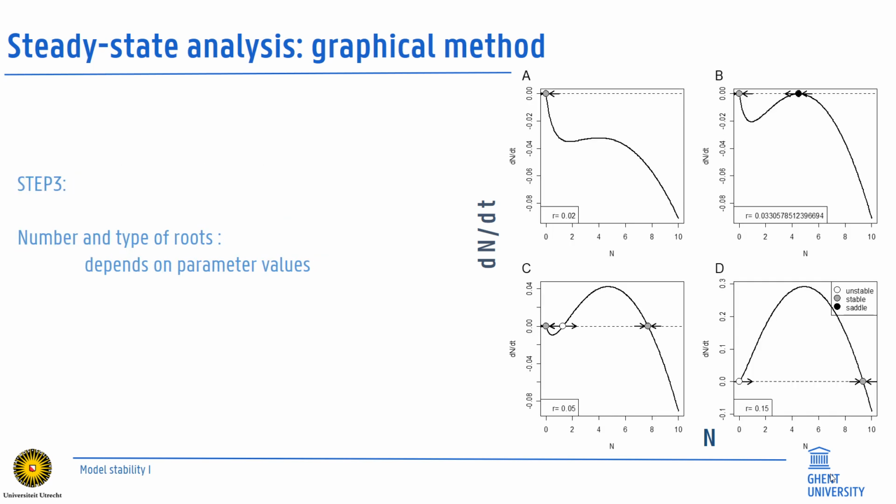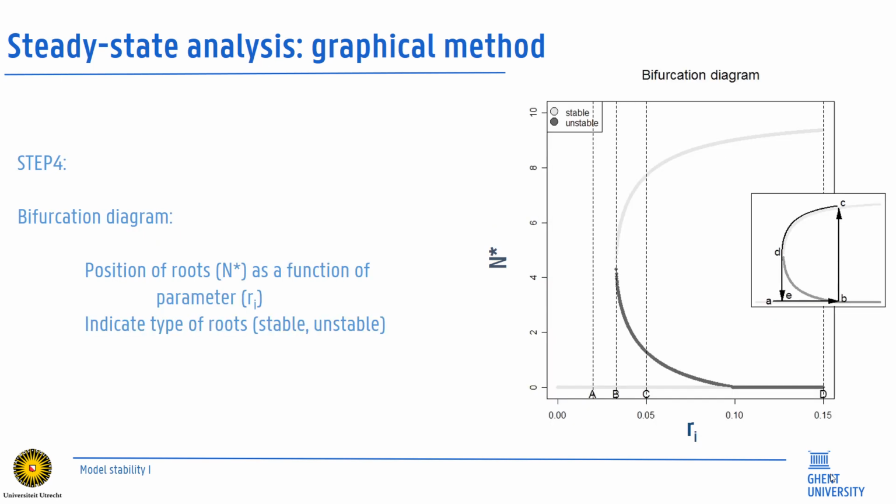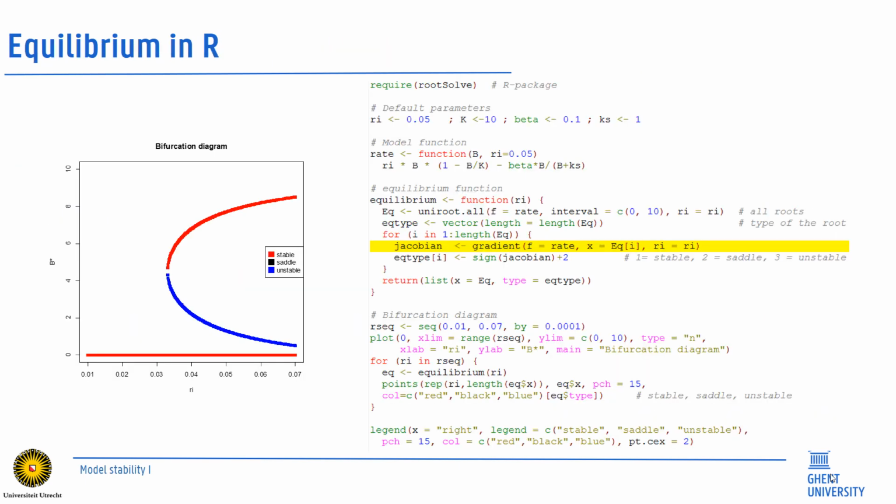Remember, the number and types of roots is of course very specific for every function. And as a last step, we can plot roots as a function of the parameter space and indicate whether they are stable or unstable. We refer to such plots as bifurcation plots when the parameters, as here, may result in different roots and their condition. You can find the code for running all this in R here. Run this and try.